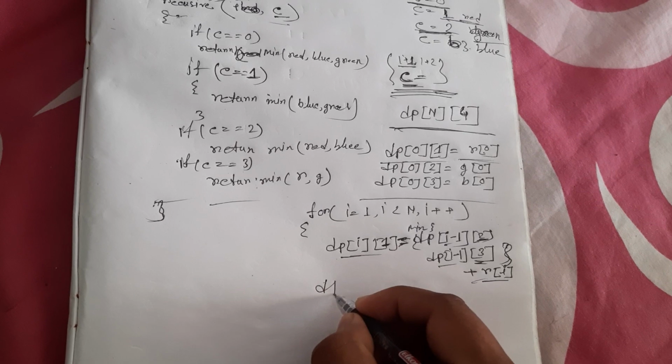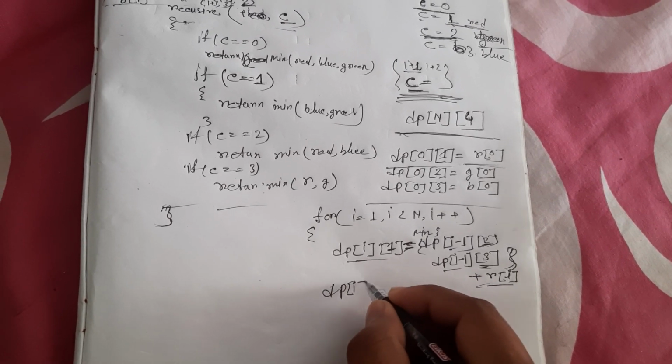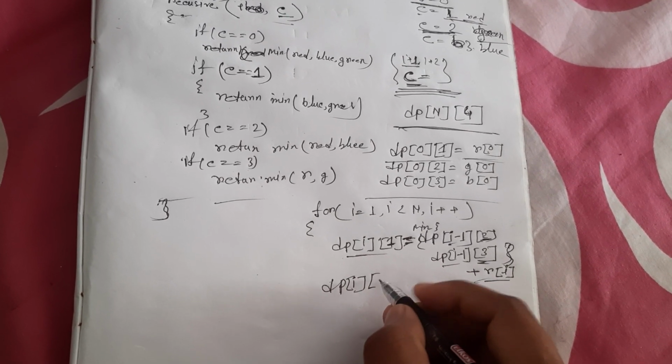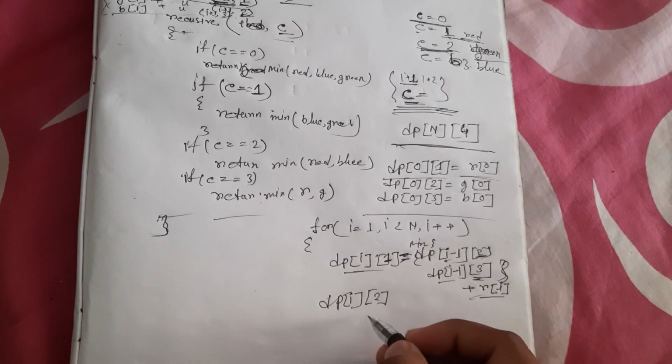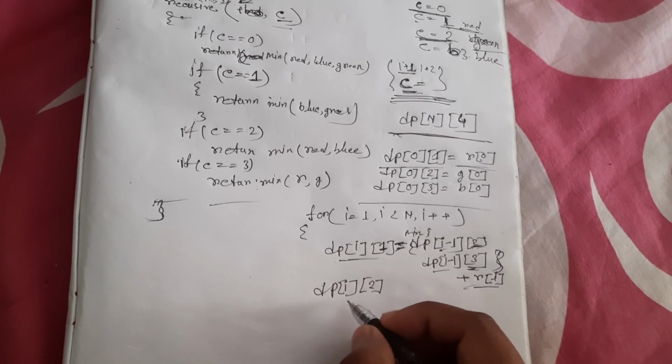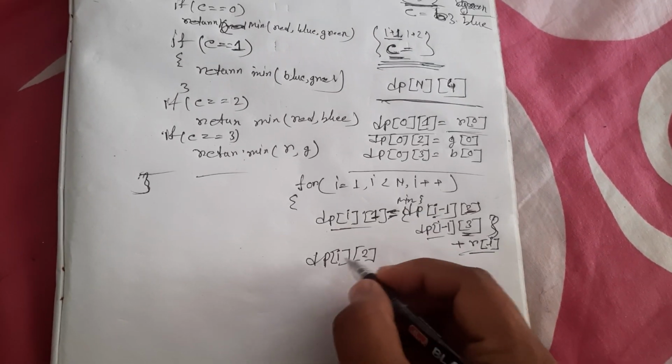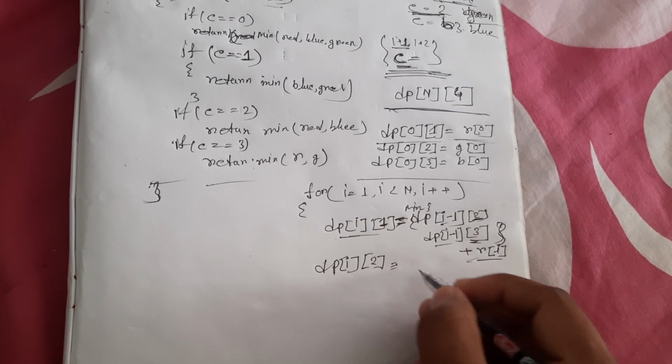We need to consider blue and green as well. So DP of I comma 2, where 2 means green. For that also, what is the answer?